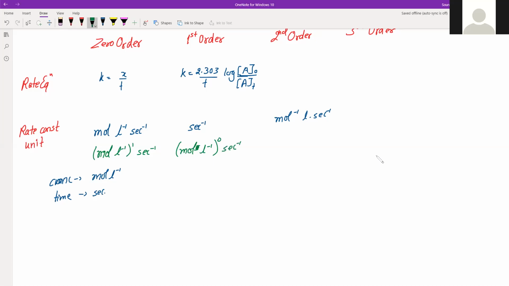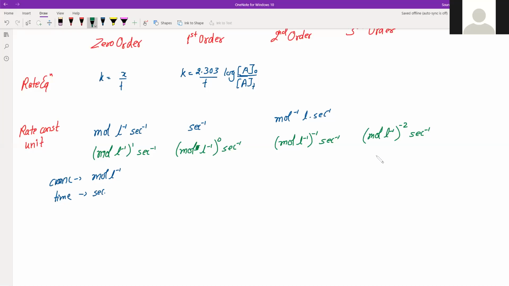And this is actually mole per liter to the power -1, the reciprocal, and then per second. So third order we can actually guess, if this pattern continues. The last one will be mole per liter to the power -2 per second.